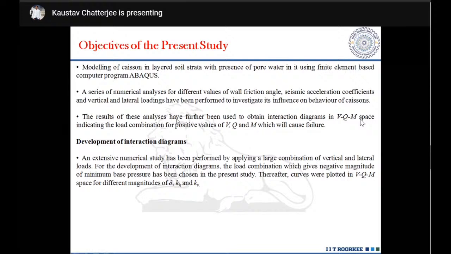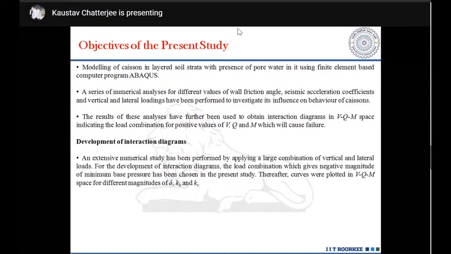The results of this analysis have been further used to obtain interaction diagrams.